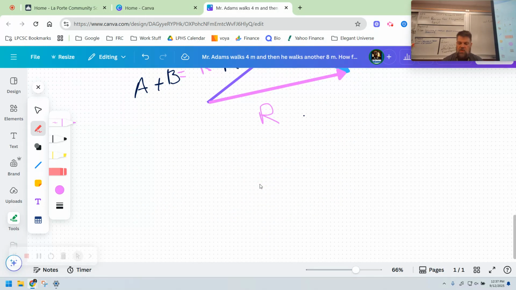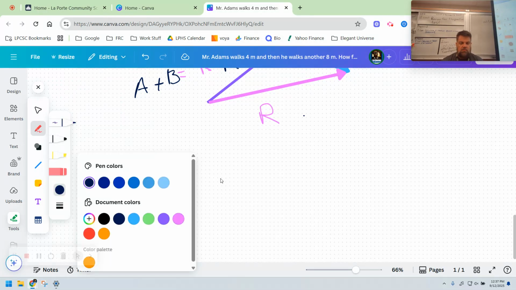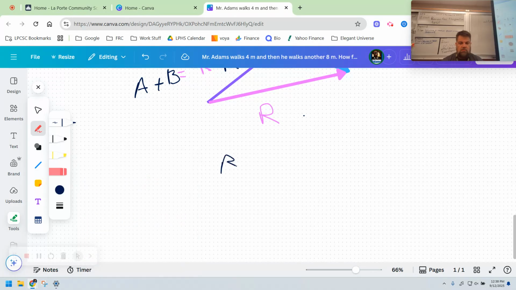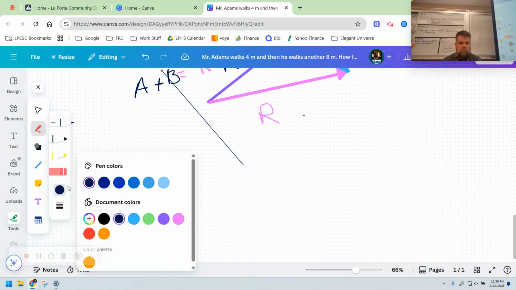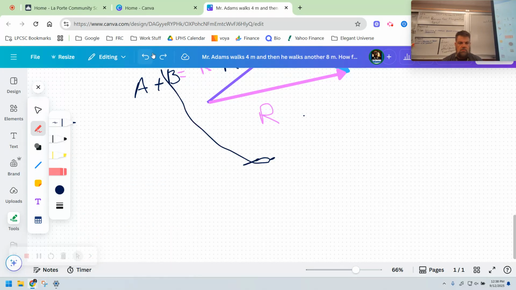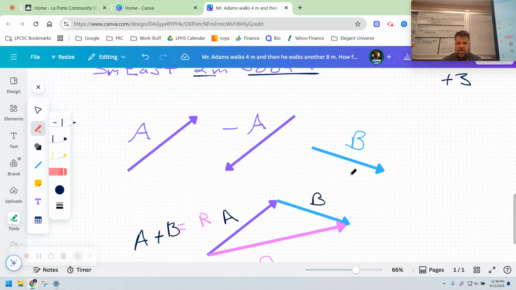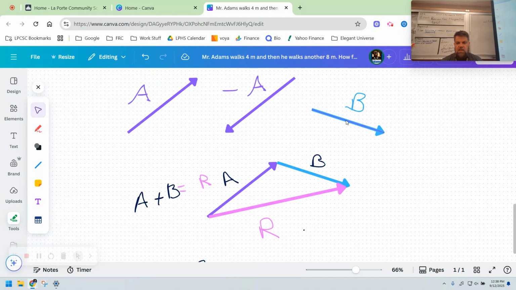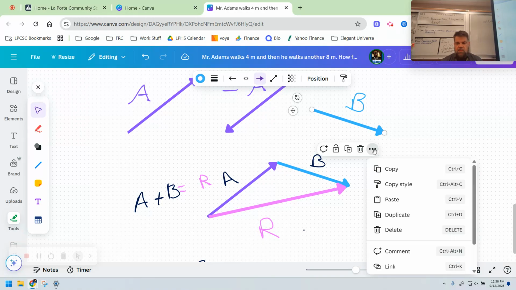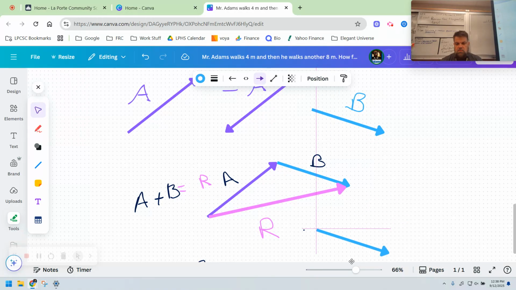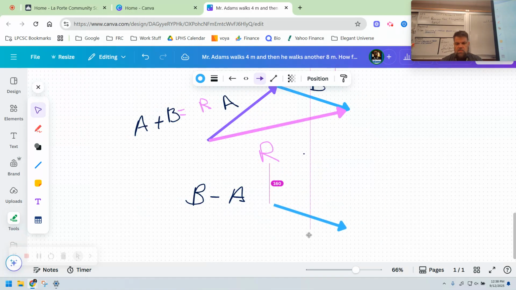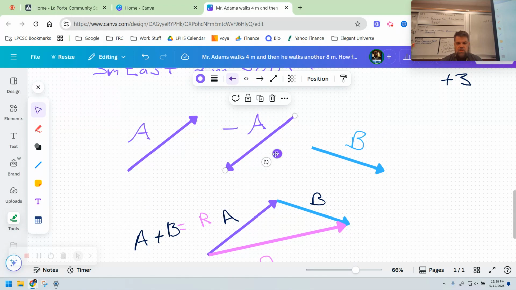So if I wanted to do B minus A, I'm basically going to do the same thing, except I'm going to take B and then I'm going to take the opposite of A. So this is my B, and then I take the opposite of A, which is this one right here.